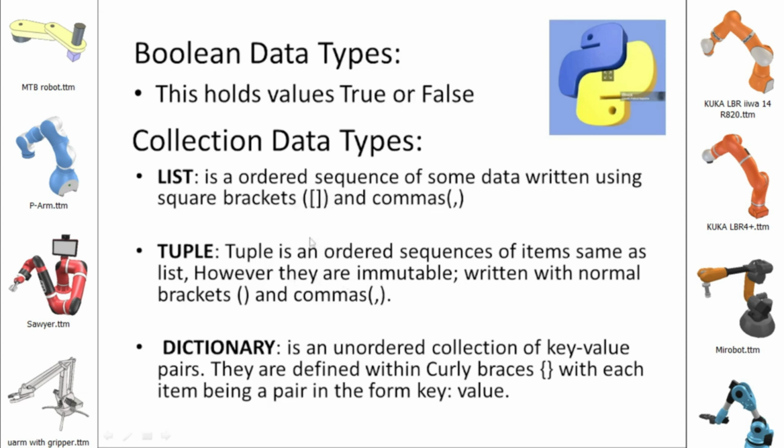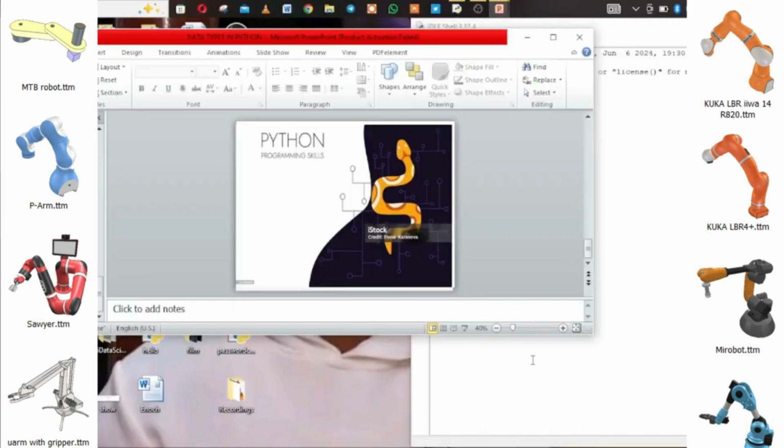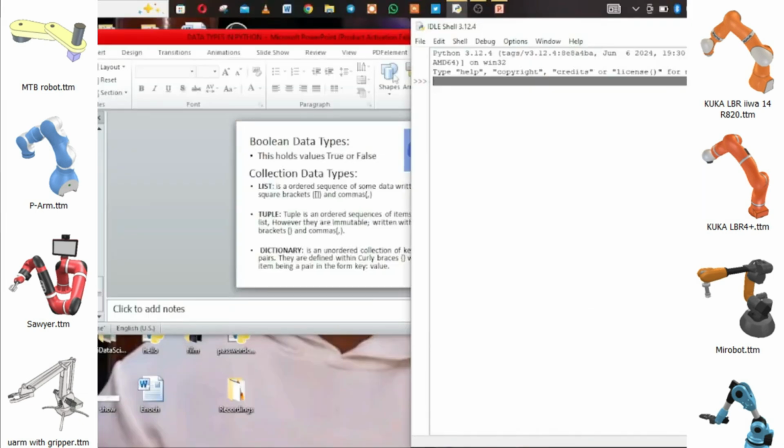They are immutable, and in writing a tuple, instead of using a square bracket, use a normal bracket. However, every other thing remains the same. And for dictionary, the same. They are all collections. However, in writing a dictionary, use a curly bracket, of course, with commas, and they come in pairs. But we're going to describe these things literally by just writing very simple code that helps you get the idea.